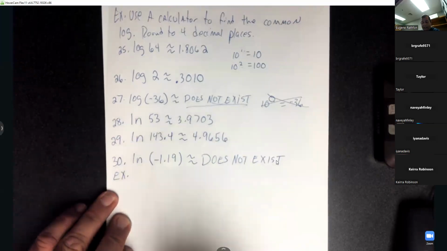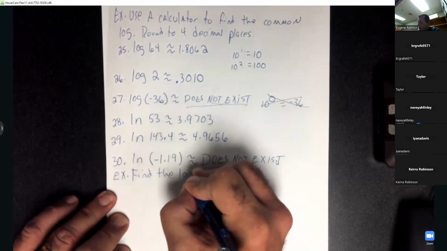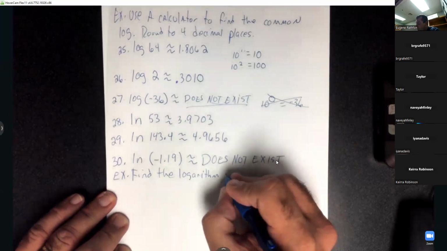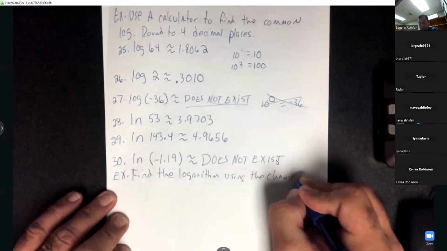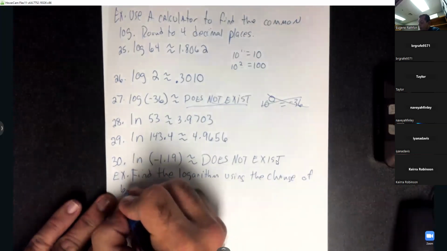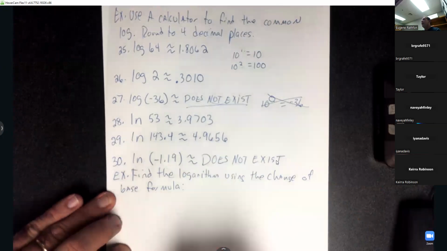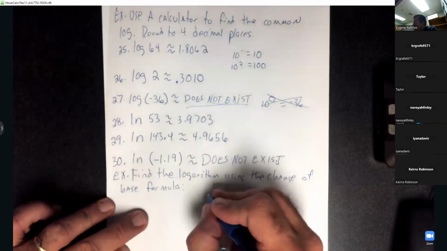All righty, so toward the end, it says find the logs using the change of base formula. Now, this only has to be for people with the older calculators.